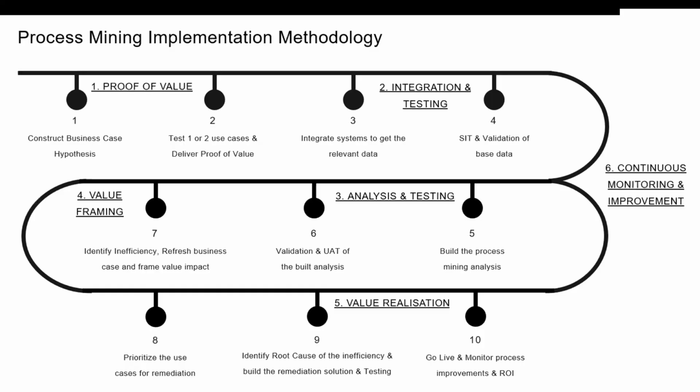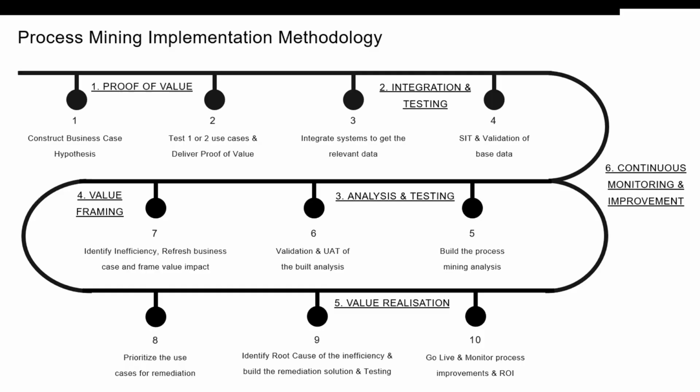We get the base data for that, and we go through this whole loop of building the analysis, value framing, prioritizing the use cases, and remediation. And it goes on a loop. Sometimes the solution that has been built would automatically remediate issues that it finds, so that it is future proof.